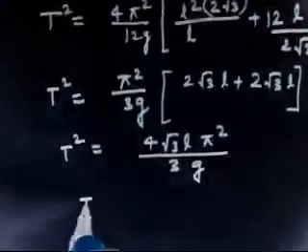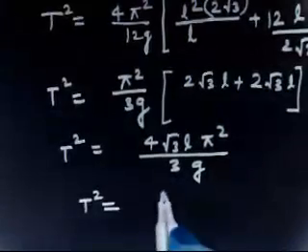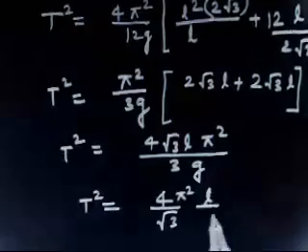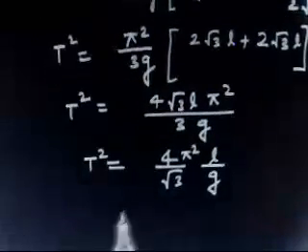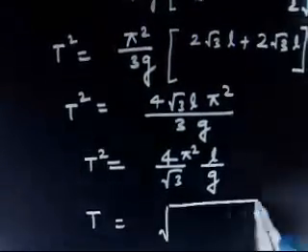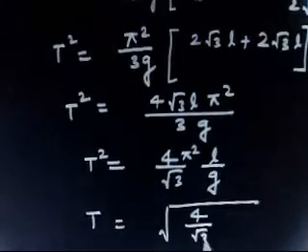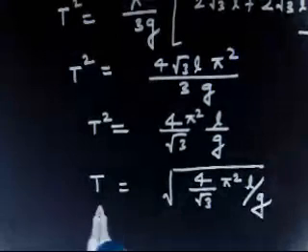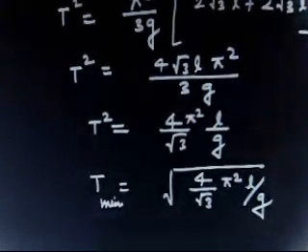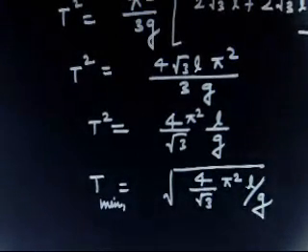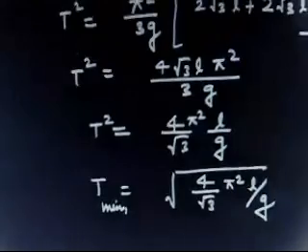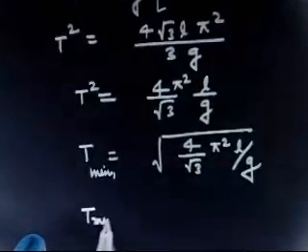I can write t square is equals to 4 by root 3 pi square L by z. So in that case t will be under root 4 by root 3 pi square L by z. So this will be the minimum time we will have for this system. You can also write the same expression if I take 2 pi common.